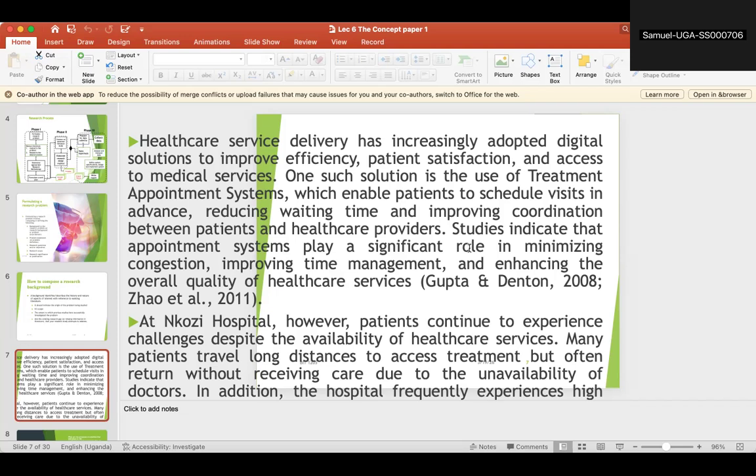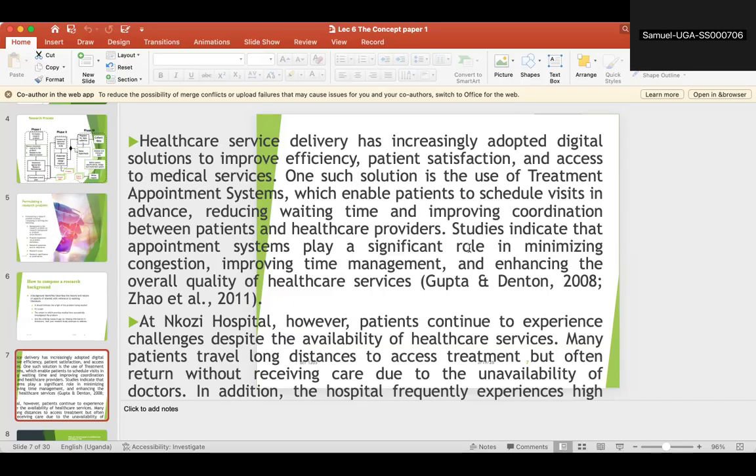Yes, a moment. Now, by starting like that, you are trying to trigger the attention of your readers that there is a need for digital solutions. In which area? The healthcare, right?